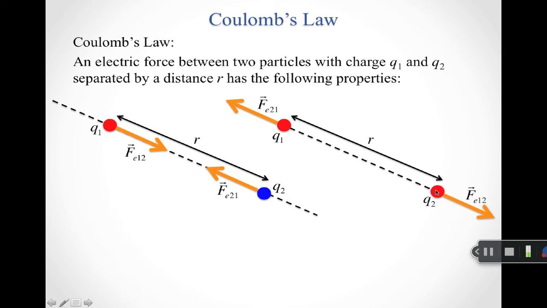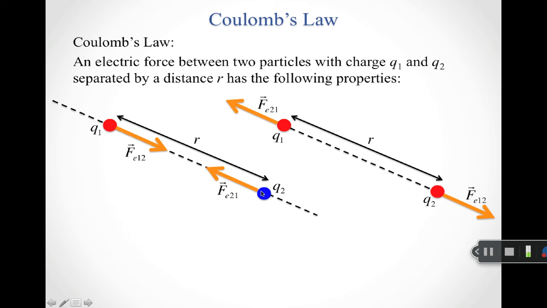And we know from what we've already laid out about charges that opposite charges are going to attract. So here's the electric force felt by charge 1 caused by charge 2 that is attractive. So charge 2, as an opposite charge, pulls charge 1 towards it. Here's the electric force felt by charge 2 caused by charge 1.